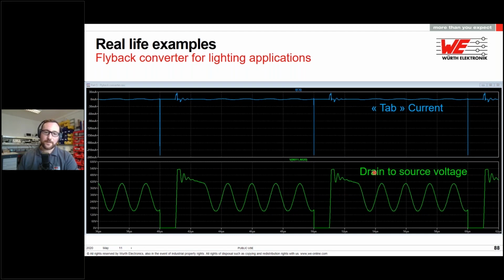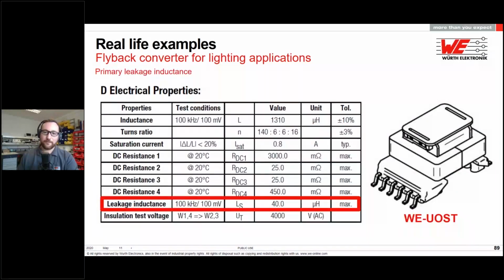This is the voltage applied at this capacitor, and this is the current seen through this capacitor. And this is a pure common mode interference. So you see that's the voltage which is going through the tab of the MOSFET. We're running out of time already, so I'm going to go fast on this.